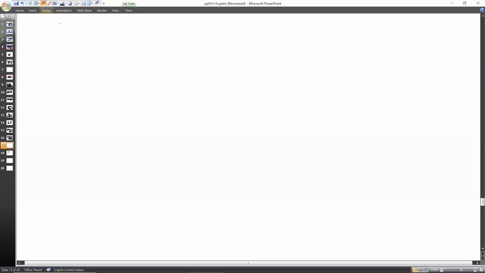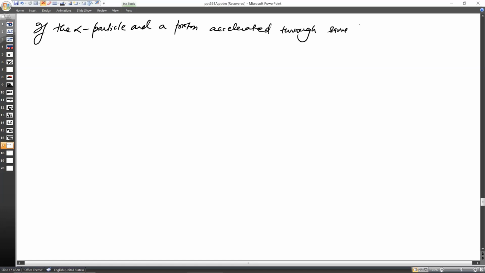So instead of giving you that, if alpha particles and a proton are accelerated through the same potential, same potential.